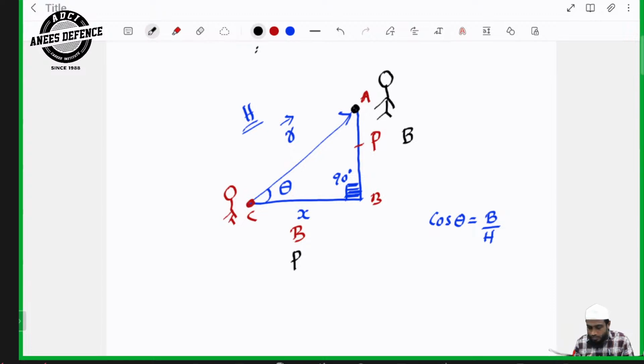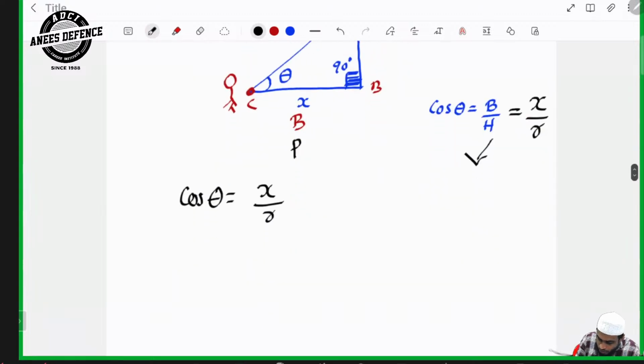Understood? Now, cos theta is equal to base upon hypotenuse. Who is base? Base is X. What is hypotenuse? Hypotenuse is R. So from here you get the relation cos theta equals X by R. If you do cross multiplication, what you will get?